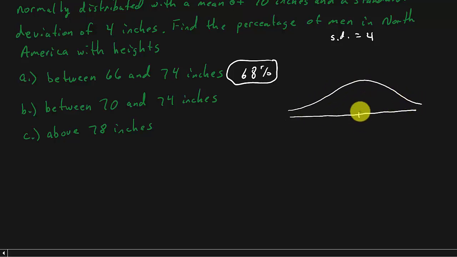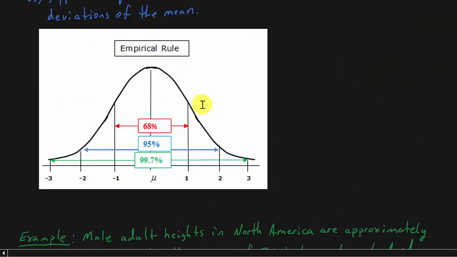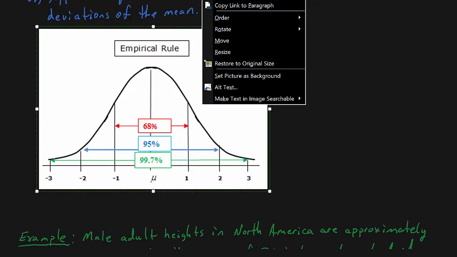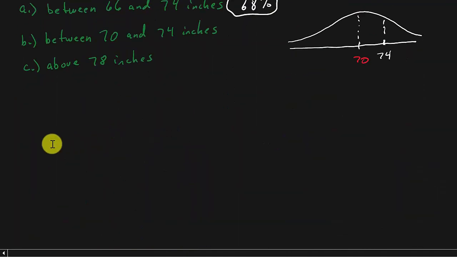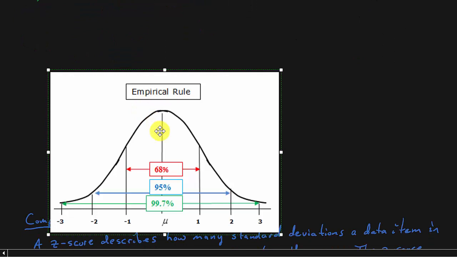All right, so there's 70, 74. Let me see if I can, I don't know how this is going to work, but let's copy that. Let's paste it, see how it fits here.